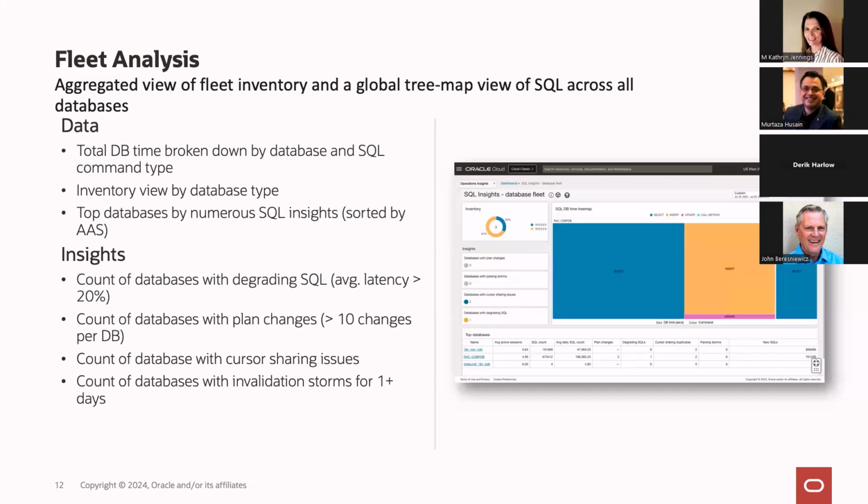At a high level, it presents an inventory of enabled databases, a global tree map view of SQLs across databases, as well as top databases by insights and SQL performance measures. It helps identify databases in the fleet in need of workload optimization by showcasing top databases by insights. Also highlights fleet-wide workload decomposition by command type.